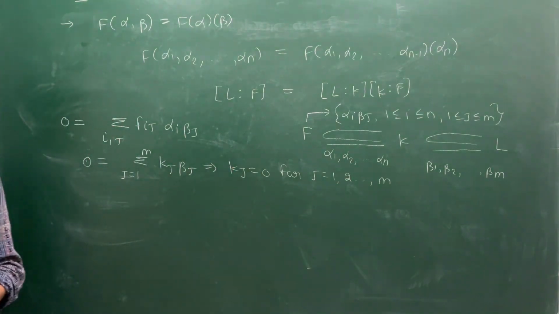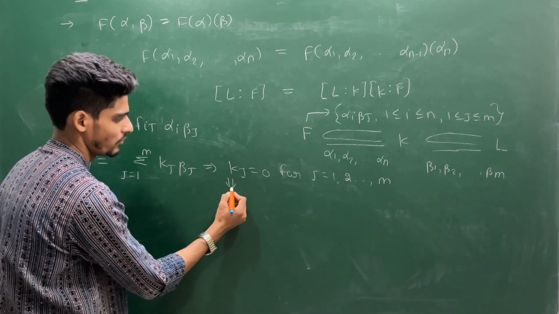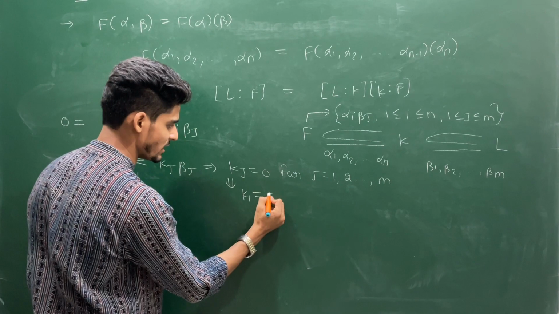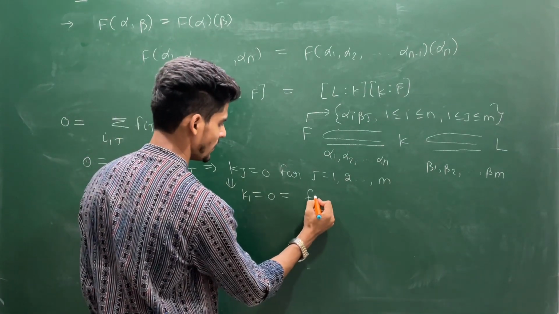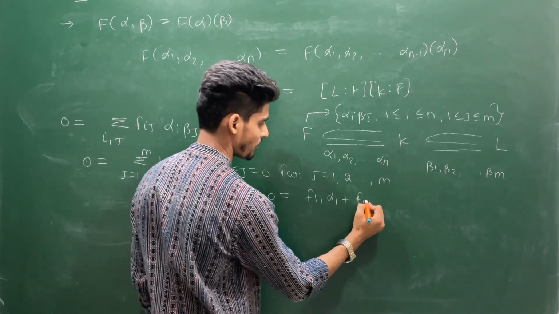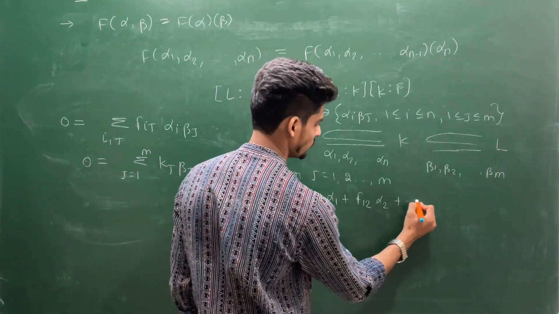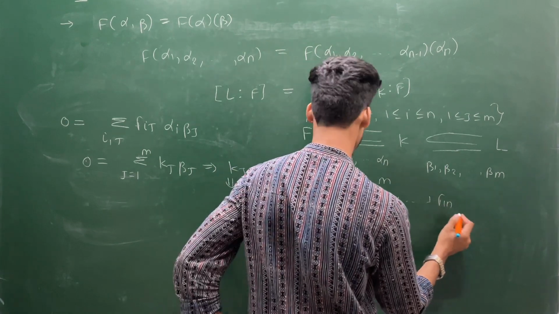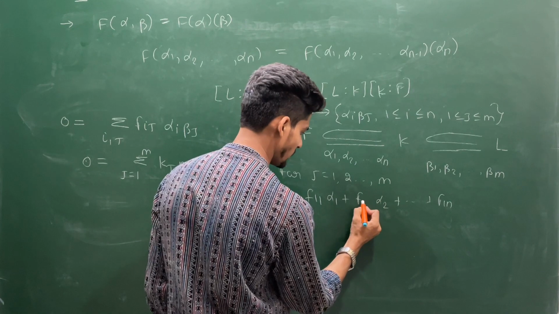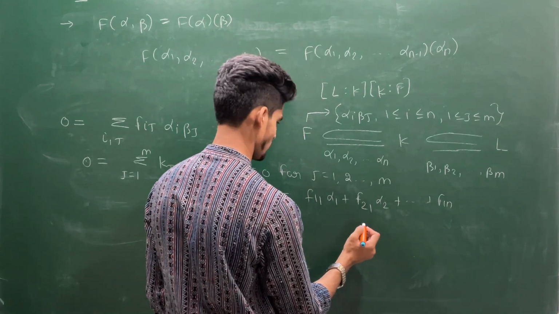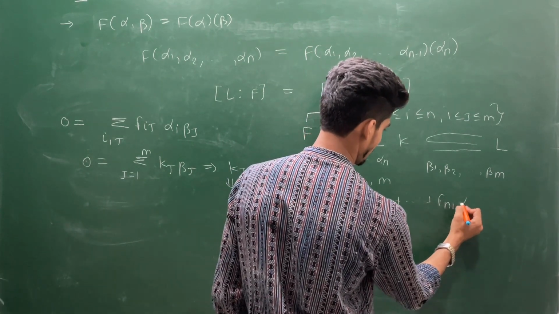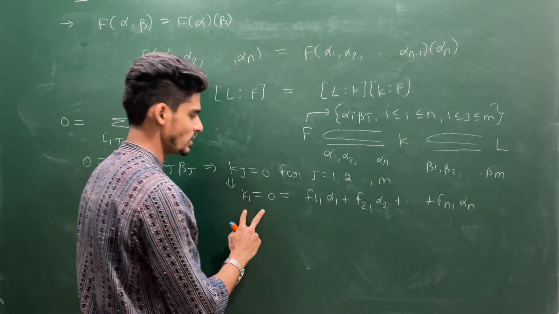But if each k_j is 0, this will directly force the following. Suppose k_1 is 0, but what is k_1? k_1 is nothing but f_11 alpha_1 plus f_21 alpha_2 plus up to f_n1 alpha_n. So this is 0.